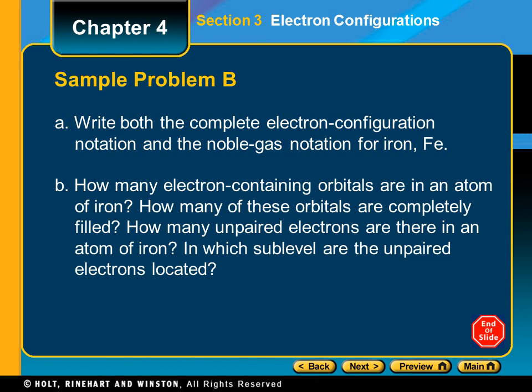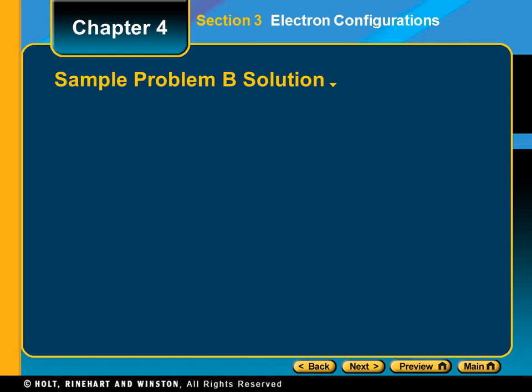How many electron-containing orbitals are in an atom of iron? How many of these orbitals are completely filled? How many unpaired electrons are there in an atom of iron? And which sublevel are the unpaired electrons located in? When we do this properly, we can figure all that information out.